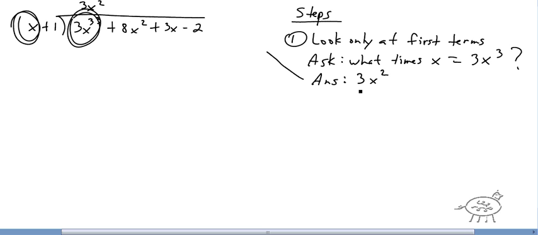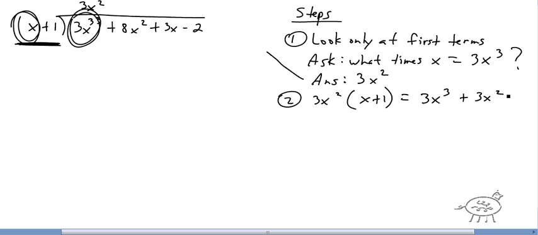And then what you're going to do is you will write 3x squared. So this is really your second step. 3x squared times x plus 1. Okay, that's this term right here. So if I multiply that out, it's distributing, I get 3x cubed plus 3x squared.